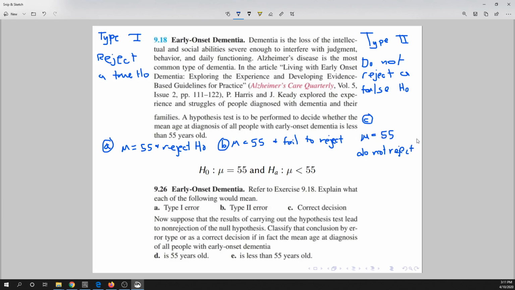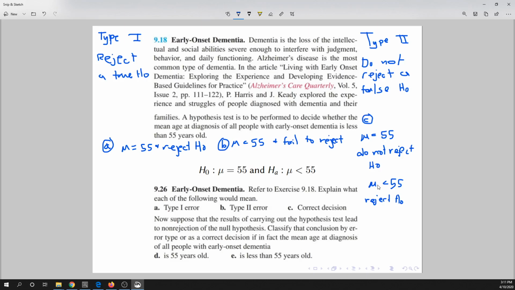If this is the truth and we do not reject it, then that is a correct decision. The other correct decision is if mu is less than 55 is the truth, and we run through the test and reject the null hypothesis in favor of this hypothesis. Then again we have the truth. That is a correct decision.